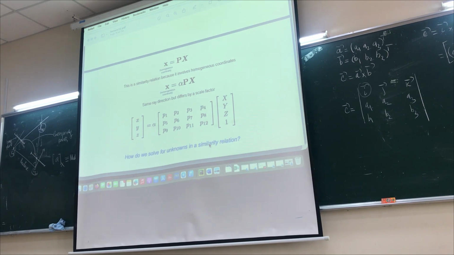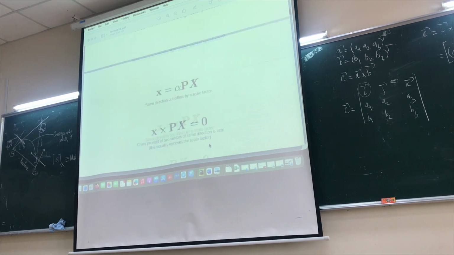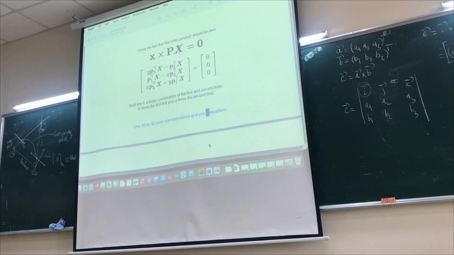Any question more? So again, similar to the calibration, you have to build the system of equations. Just build it. And how to solve? We don't care because we use an API.